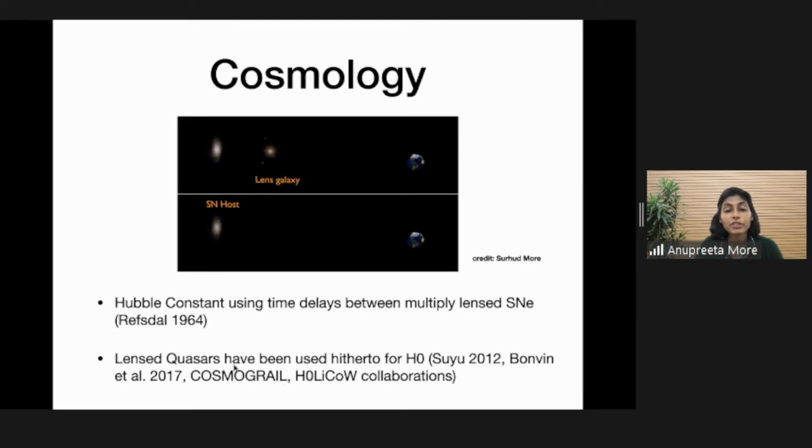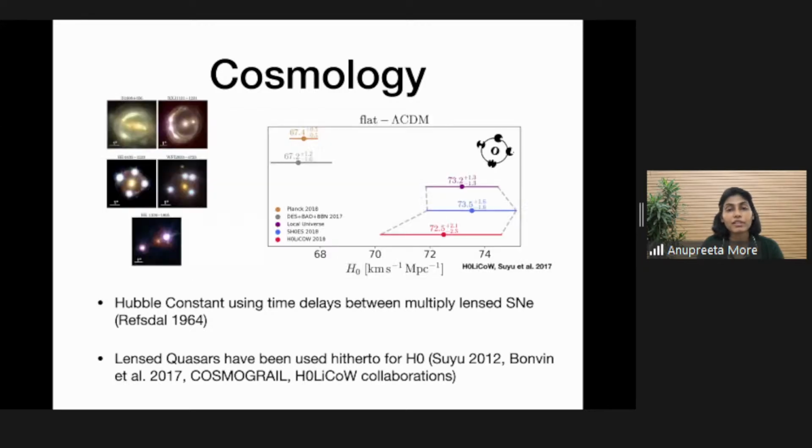So these lensed quasars have been studied much more extensively and in much more detail. There are various collaborations like COSMOGRAIL and H0LiCOW, and we can look at some of these papers to see what kind of analysis they have done. So here are some examples of the lensed quasars which have been studied in these collaborations.